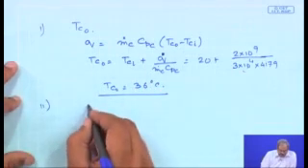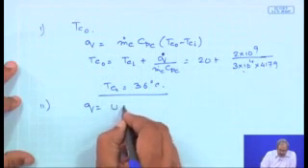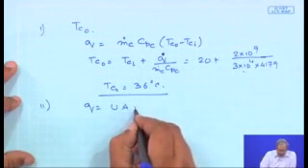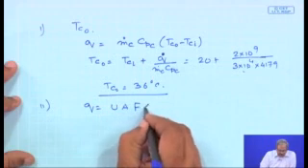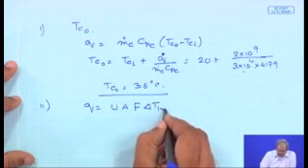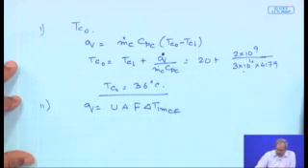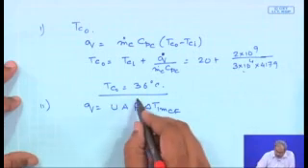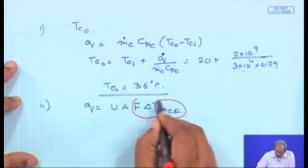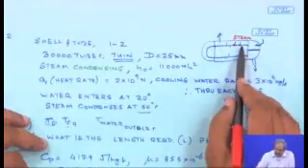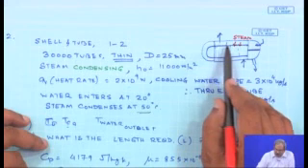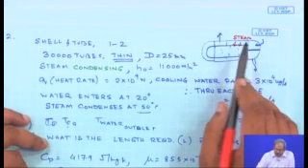In order to do the second part, I am going to use this relation, Q equals UA, the correction factor F times delta T log mean counter flow. This is what I was telling you, that the situation that we have over here is not pure counter flow or pure parallel flow.